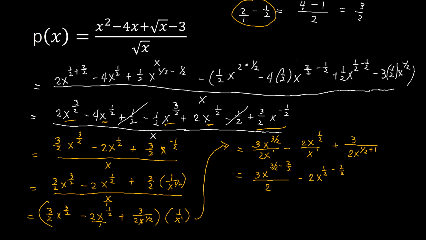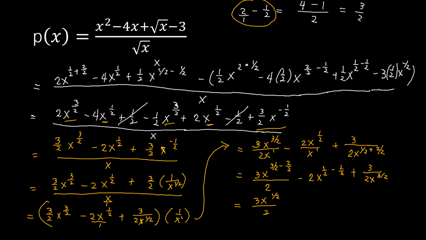And then plus 3 over 2 x to the power of, the 1 here could be expressed in terms of 2 over 2. So 1 plus 2, that's 3. And then over 2. So simplifying the top part, this is now 3x. 3 minus 2, that's 1 over 2.